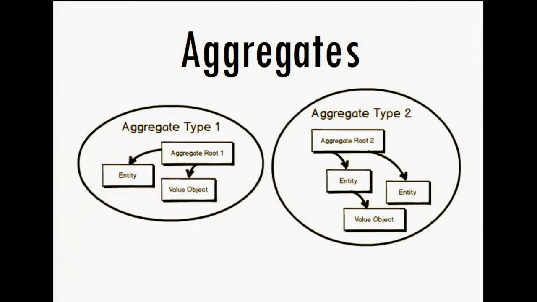It has what's called an aggregate root, which is an entity and it may be the only entity that exists. Or that aggregate root entity may hold on to one or more other entities and value objects internally. But the important thing is that there is a transactional boundary around aggregate type 1 and aggregate type 2.